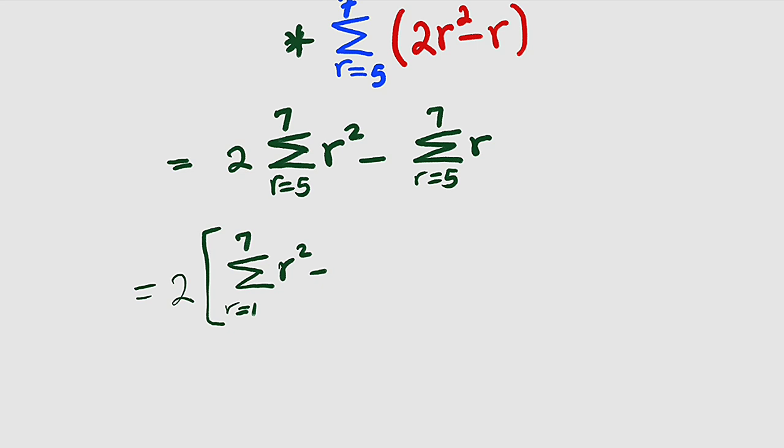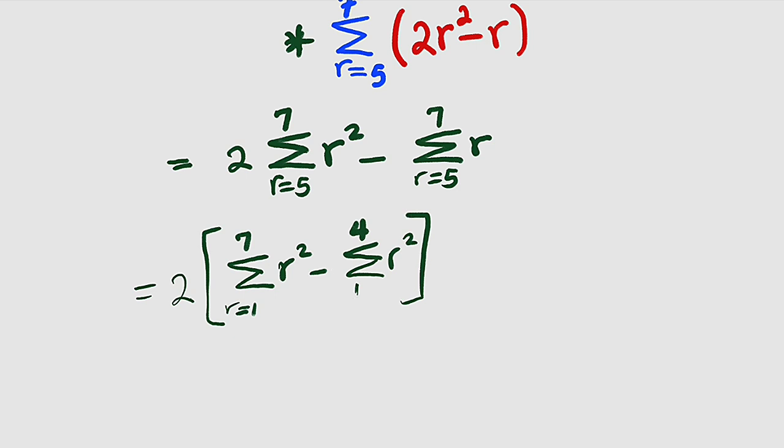Then we subtract the whole of the summation r squared, for which r begins with 1 and stops at 4. Because we have from 5 down to 7, which means that from 1 to 4 has been neglected. So this is why I want to take the whole summation from 1 to 7. Though we know from 1 to 4 is missing, so we're going to subtract it.